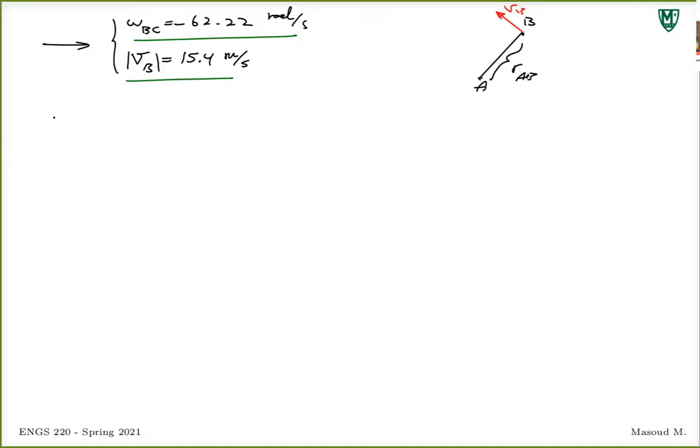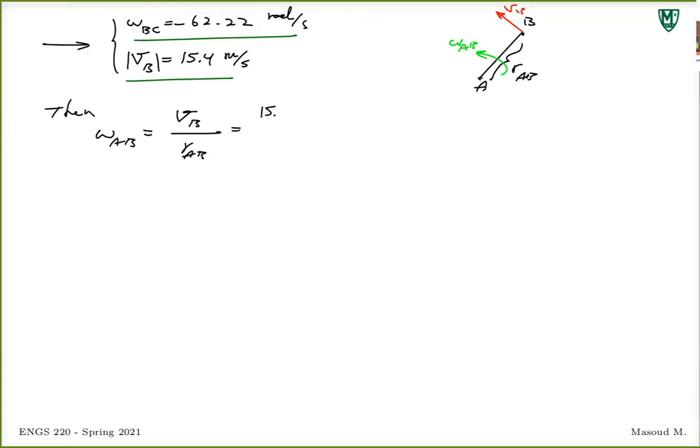So now we can say omega AB, probably in this direction, is equal to VB, the magnitude, over R AB.